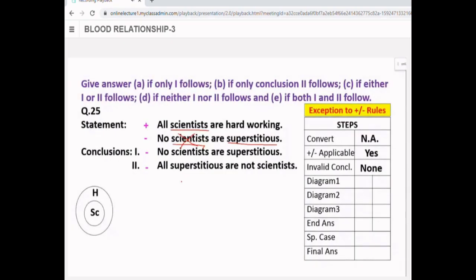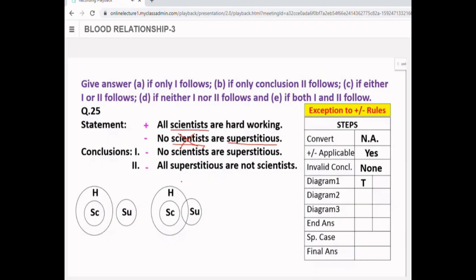Now diagram 1. All scientists are hardworking. All scientists are inside hardworking. No scientist is superstitious. SU for superstitious, SE for scientist. Now check: no scientists are superstitious. True. Then the second diagram.